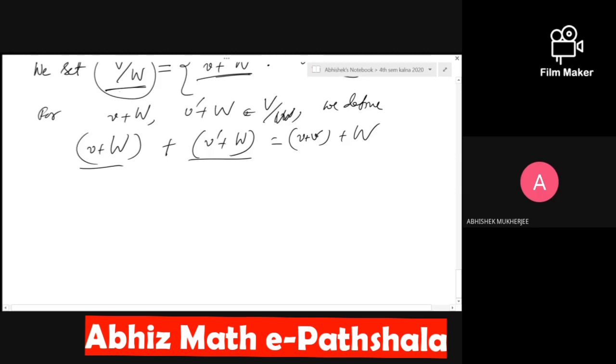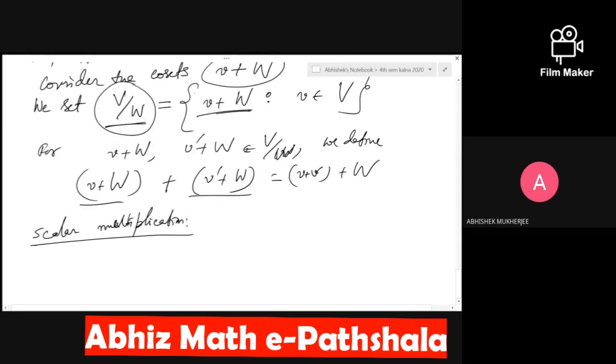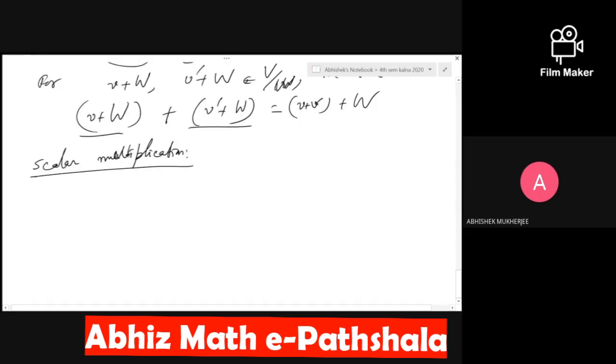And next, scalar multiplication. As V is a vector space over the field F, we need to consider the same field to define the scalar multiplication on this set. So let us consider a scalar alpha belonging to F and a coset belonging to this set.